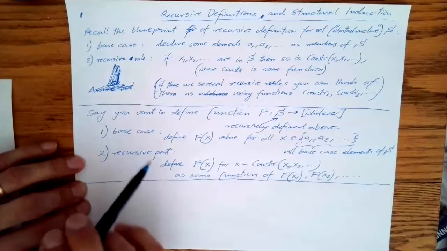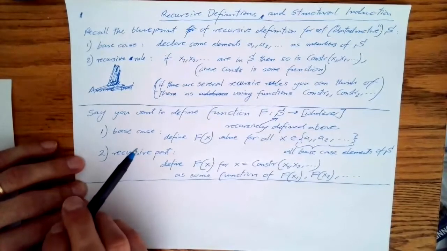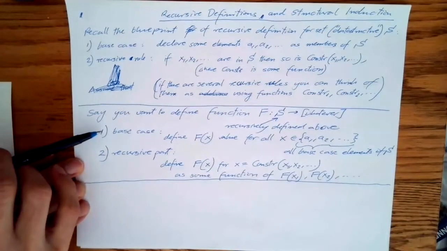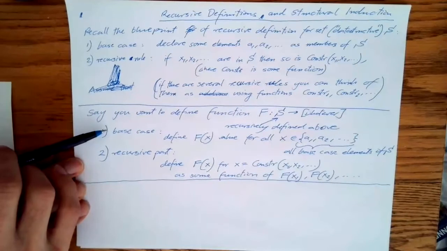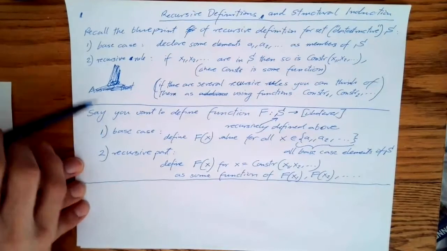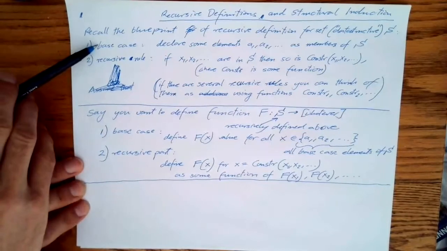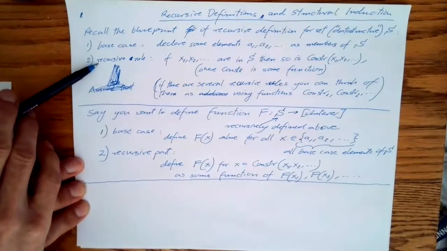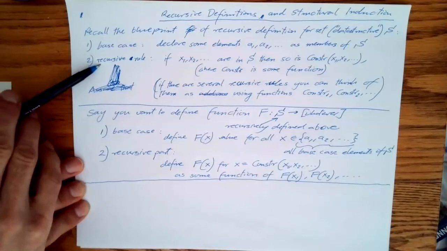Okay, so I will only argue this informally, but in the base case, clearly the base case definition defines the f value on all elements of S which are inserted into S by the base case. Now every other element of S is inserted by some number of applications of the recursive rule. Let's call this n.